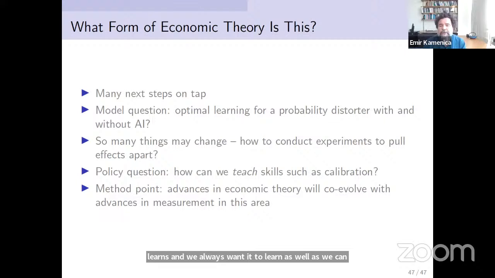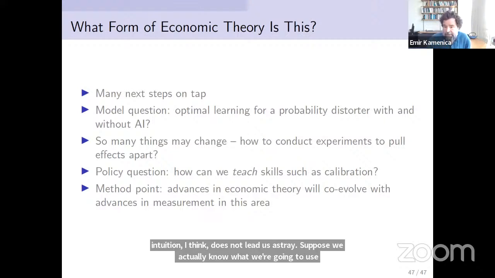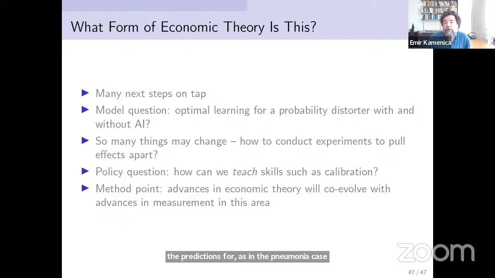So maybe one way to rephrase your question is that let's just put the flexible, costly function aside. It seems like the intuition, I think, does not lead us astray. Suppose we actually know what we're going to use the predictions for, as in the pneumonia case. Now I could say, look, I know that this is my actual ground truth welfare function.